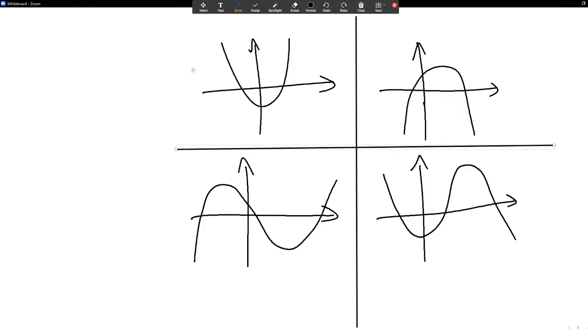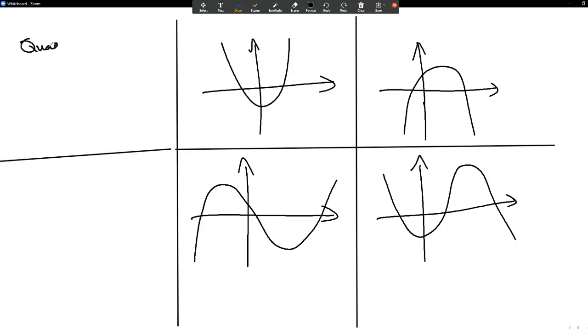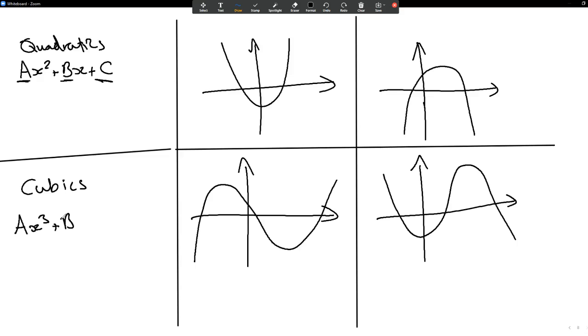Now, how do we get these 4 graphs? Well, these are the graphs of quadratics. So basically, they're in the form ax squared plus bx plus c, where a, b, and c are just numbers, and these are cubics, where you have ax cubed plus bx squared plus cx plus d.